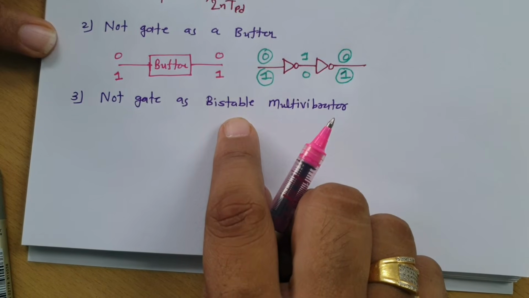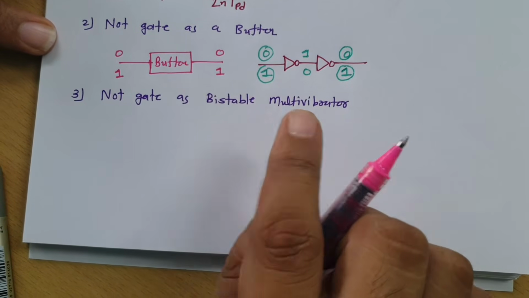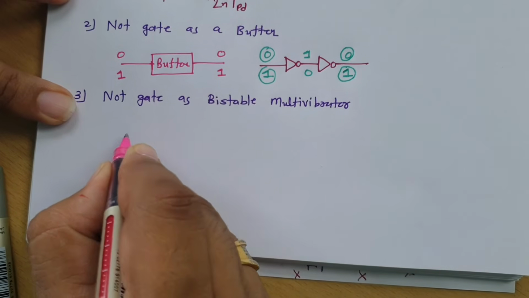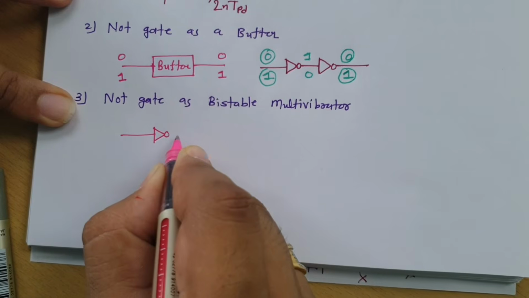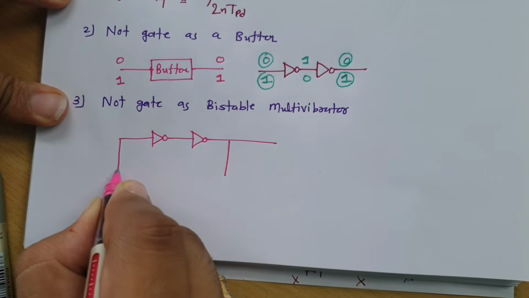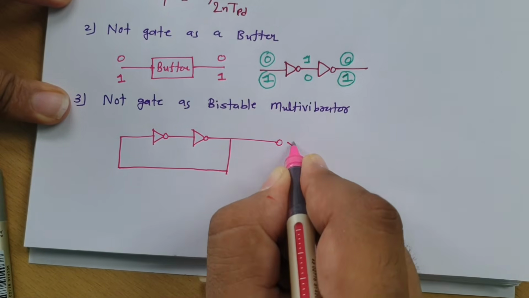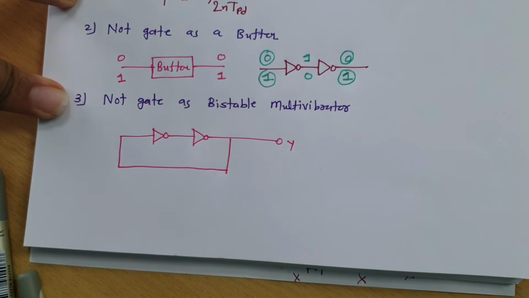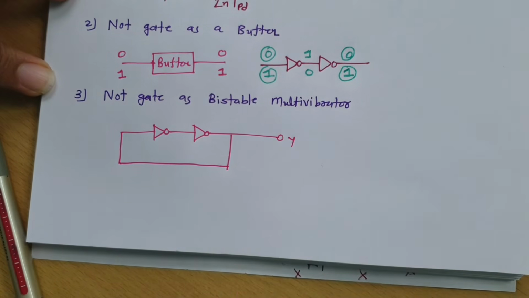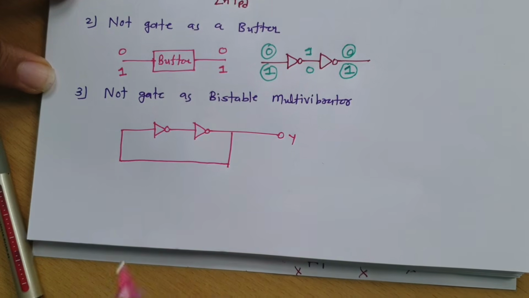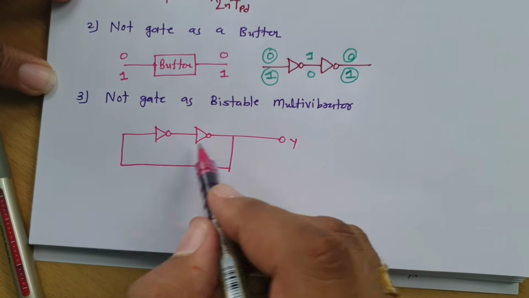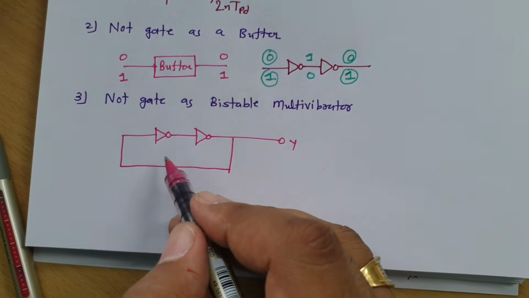To change the state we need to give input. Only when we give input will the state get changed, right? So if you observe its circuit, then that circuit is like this, where you can see this is my output, and in a multivibrator using NOT gates we need to connect an even number of NOT gates over here.